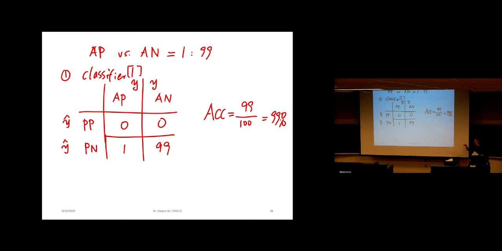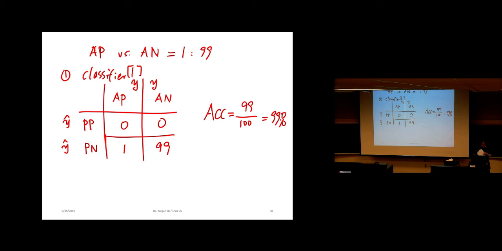You see a lot of papers or tools claiming we are achieving 99% accuracy, and you have to really ask, what's the class balance ratio in your data? If it's extremely unbalanced data, this means nothing.